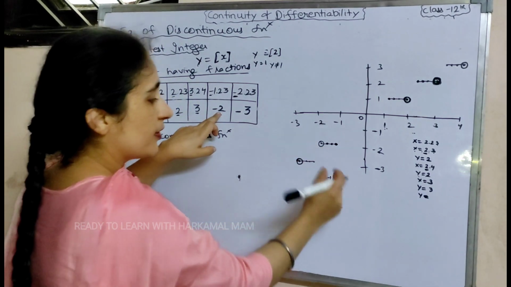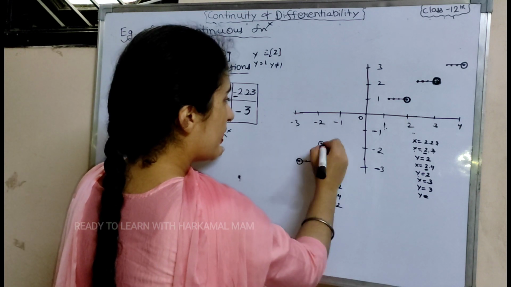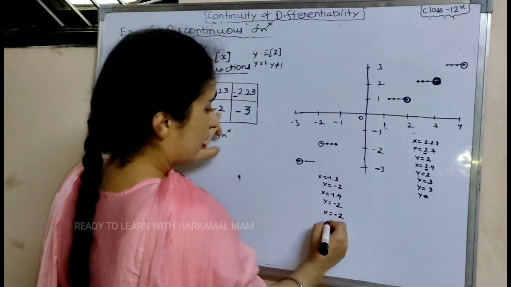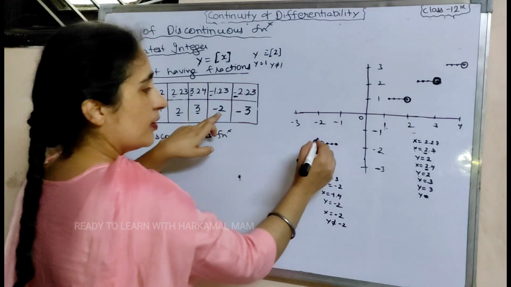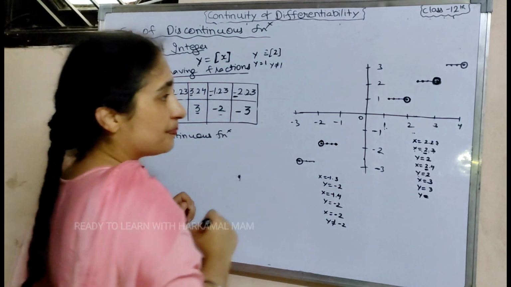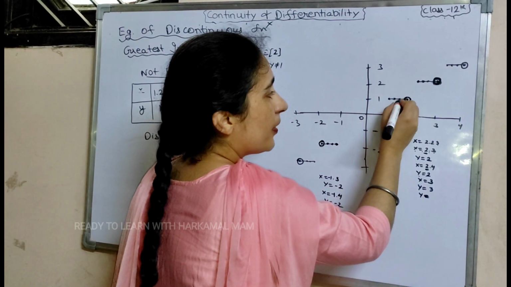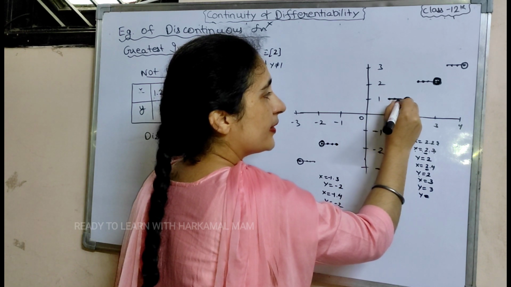We have these points. When we take x value minus 2, the value of y is not equal to minus 2. Here is a symbol. So when we plot the graph, join these points like this.